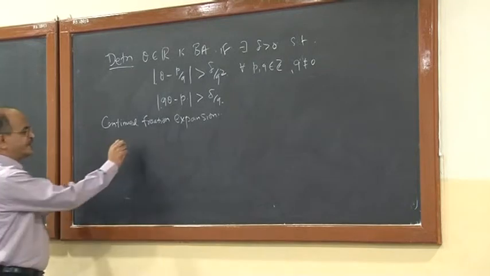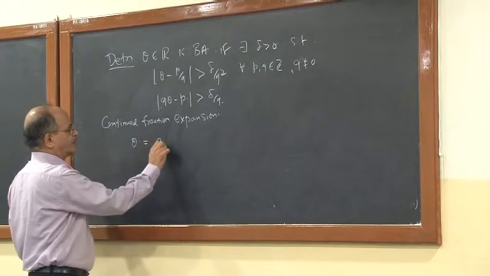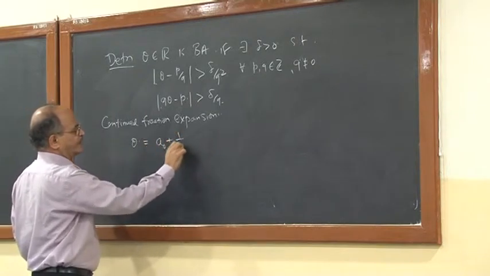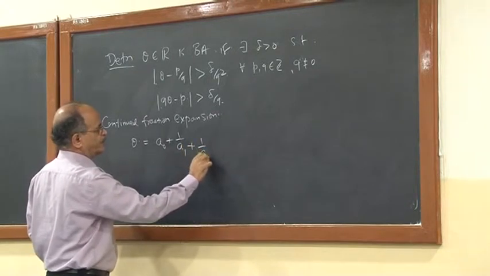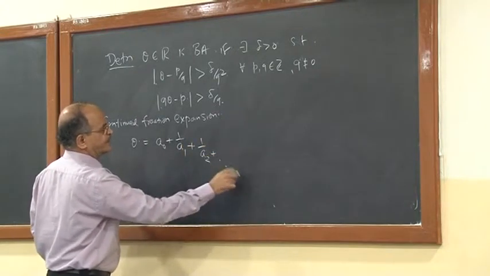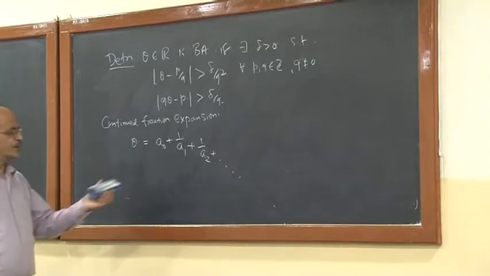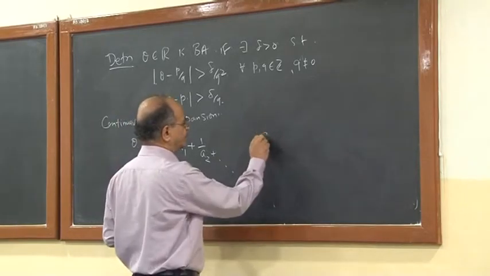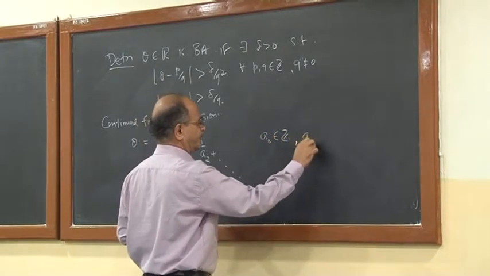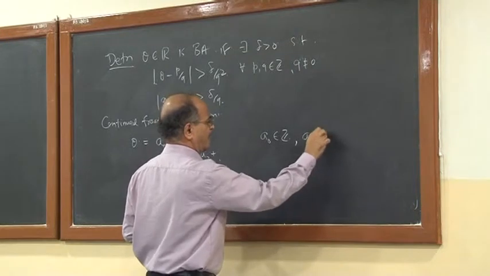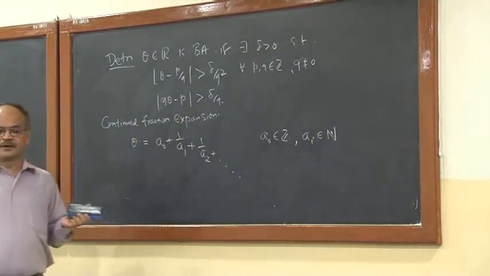Starting with any real number, we have a way of writing it as a continued fraction expansion, a0 plus 1 over (a1 plus 1 over (a2 plus ...)). I will not elaborate on this. I think everybody knows that this can be done with a0 an integer and the ai positive integers, natural numbers.